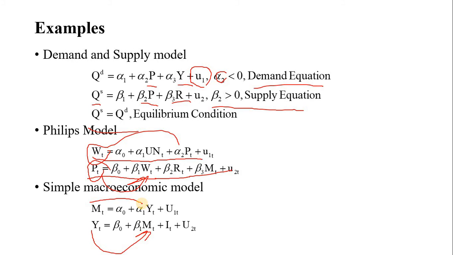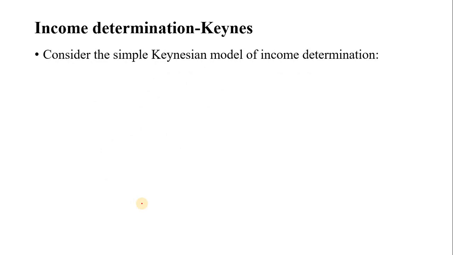This is one of the simple macroeconomic models of Keynes. So here also we can see that M and YT are jointly determined variables. So these are some examples of the simultaneous equation model.